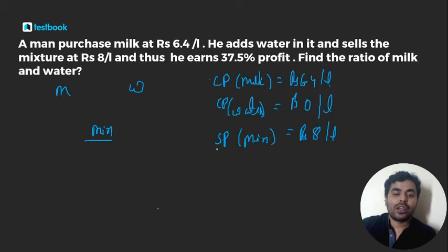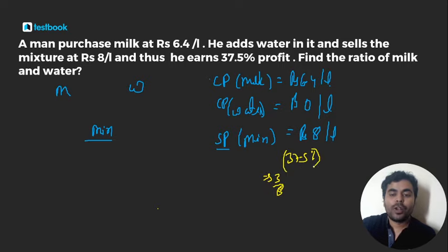Let us make these CP values into SP. Since this is the SP of mixture after 37.5% profit, which is equal to 3/8.